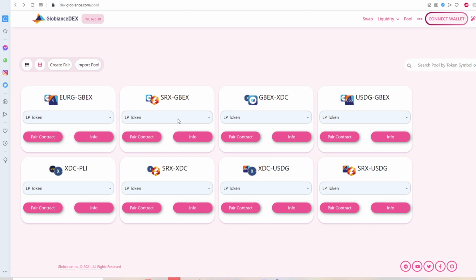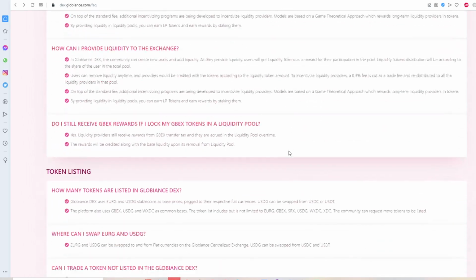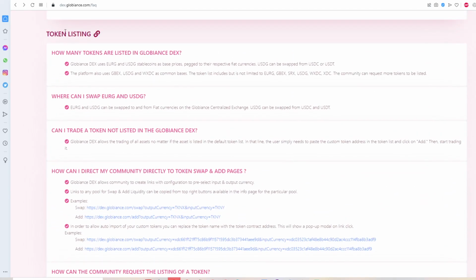So yeah, I think that should give already a good overview. Tokens listing: the USG and USDG stablecoins are already used as base prices. These are pegged to fiat currencies, so they are also used on the centralized exchange.